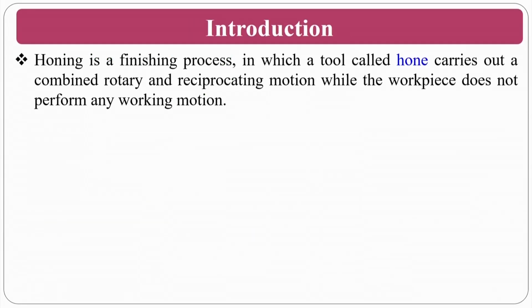Coming to the introduction of this honing process, it is one of the conventional finishing processes in which the tool is called a hone. As you have seen in the previous slide, the hone is nothing but the honing tool, which carries the combined rotary and reciprocating motion while the workpiece does not have any motion. In that circumstance, what will happen?